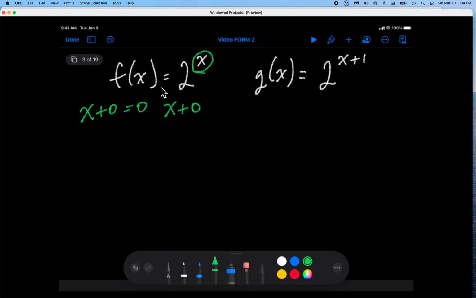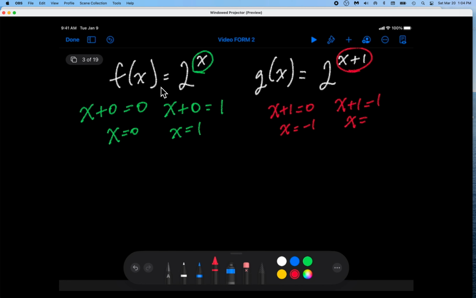The construct for f of x is x plus 0. So I set that to 0 and to 1. So we get x equals 0 and x equals 1. Here, we're going to set the construct equal to 0, and also equal to 1. This is going to give us x equals -1, and this is going to give us x equals 0. So these are the x values we are going to use in our table for the respective graphs.